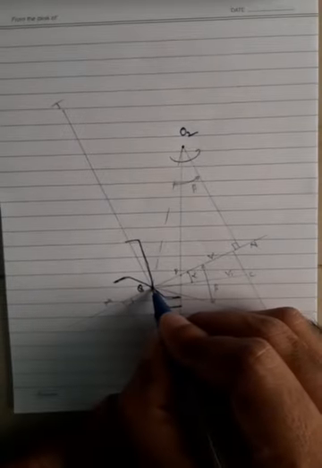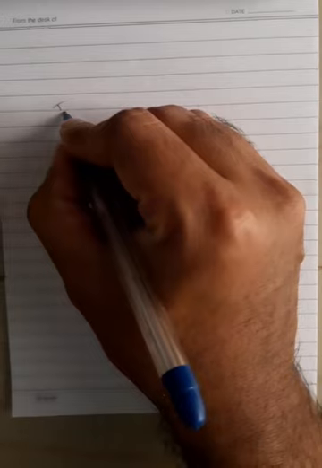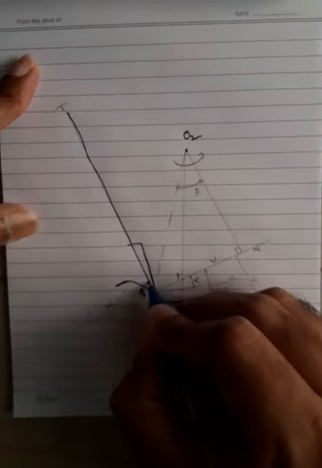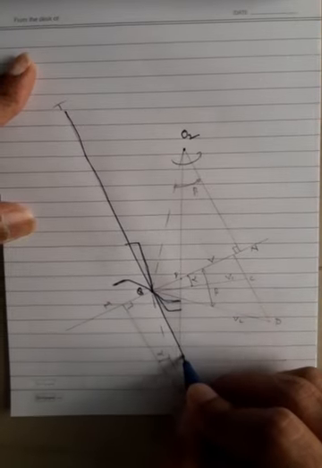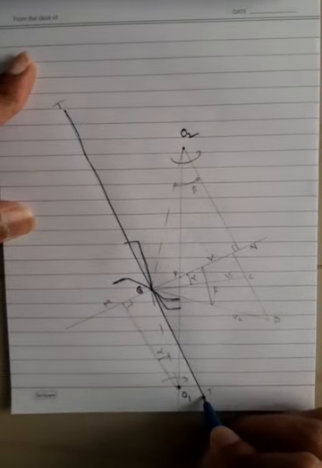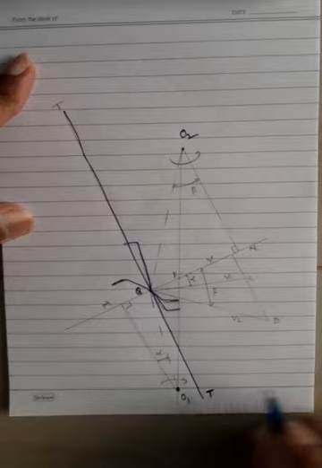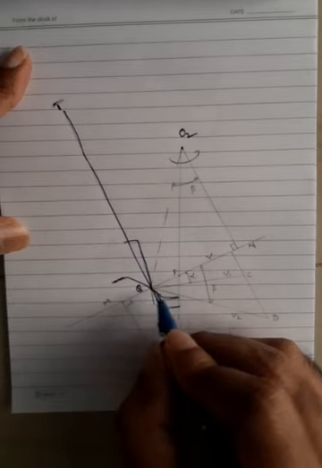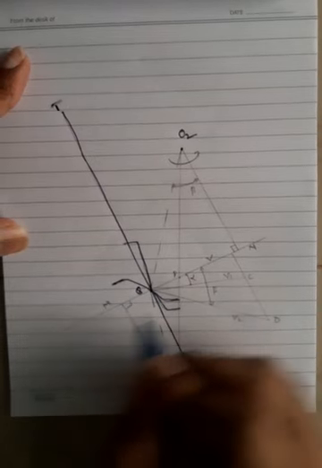At this point of contact, let us draw a tangent. I will call it TT. It is a tangent passing through the point of contact. At this point of contact, let us draw a normal.